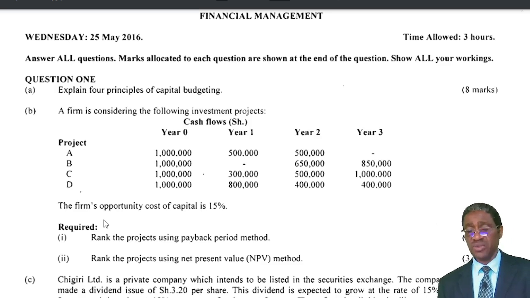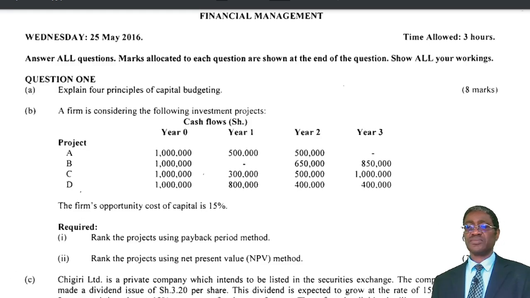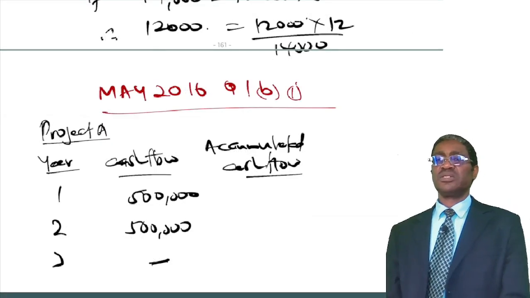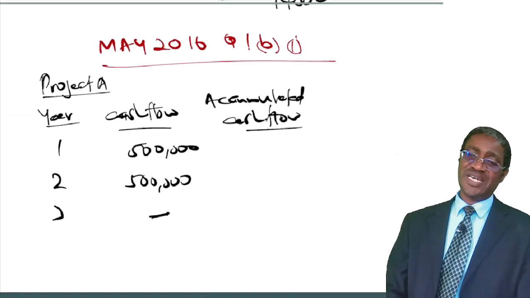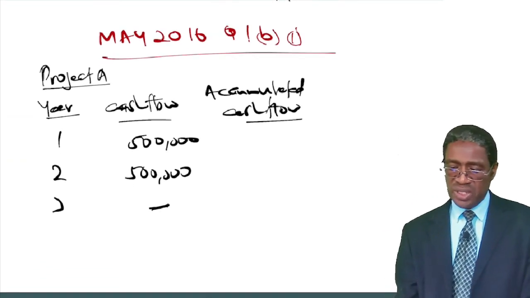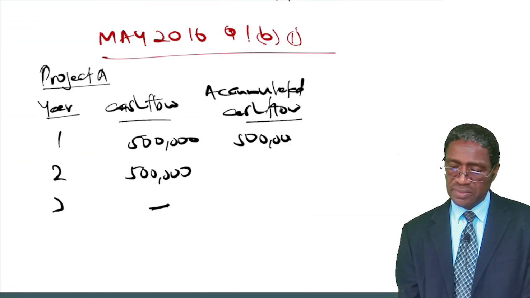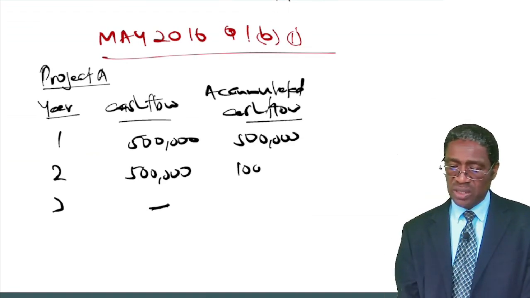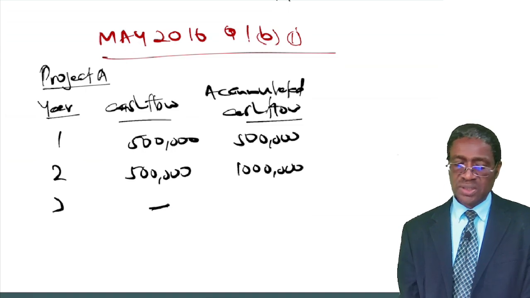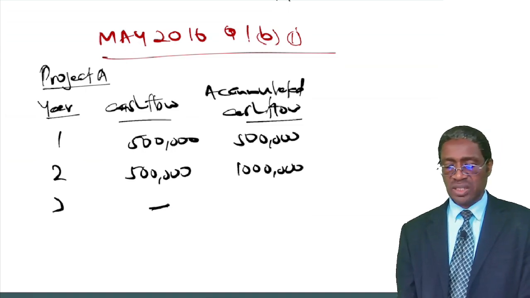Year 3, we have nothing. Let's cumulate them. This will be 500, and this will be 1 million.